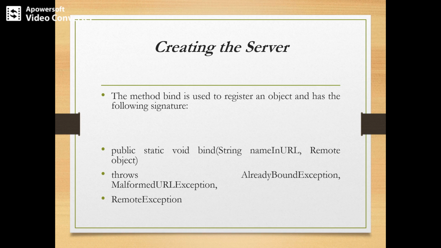The port is the port number on which the registry accepts all the calls, and the name is a simple string for distinguishing the object from other objects in the respective registry.